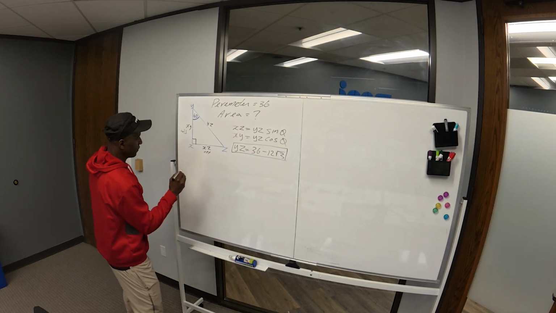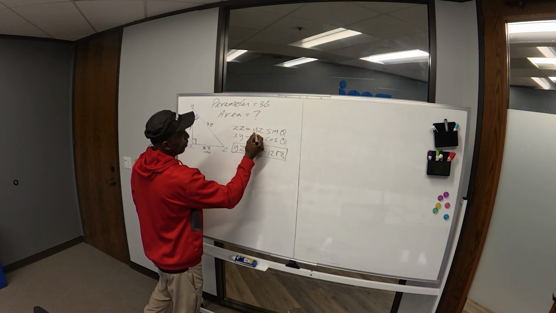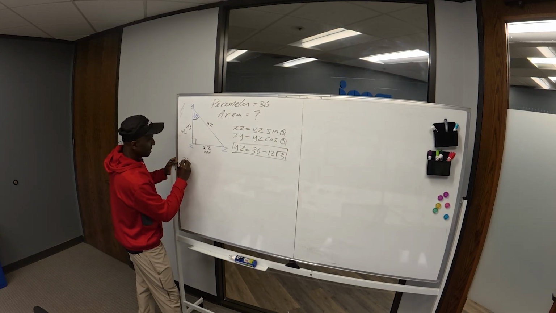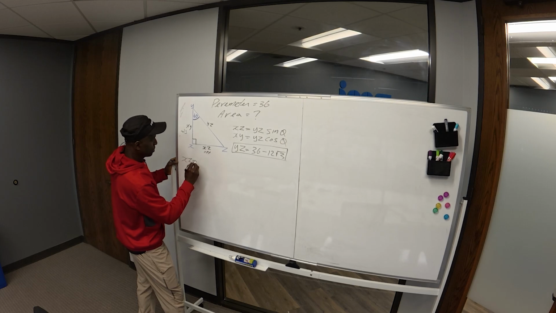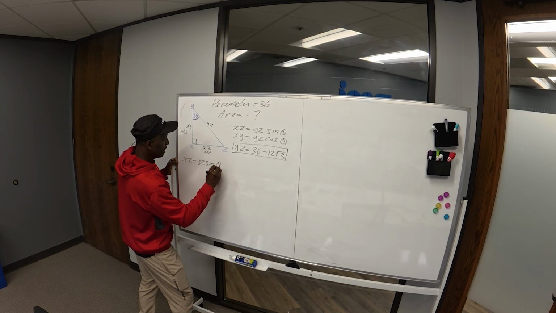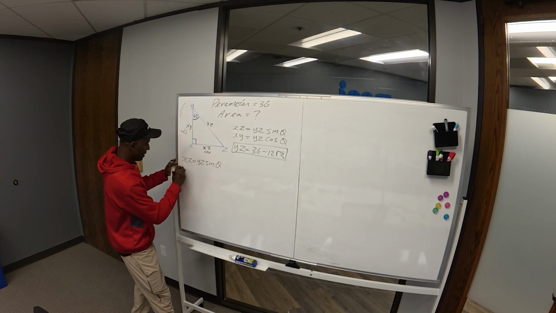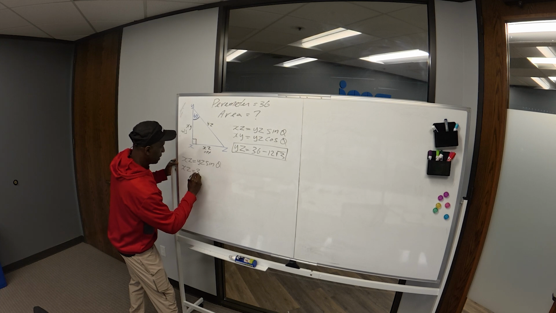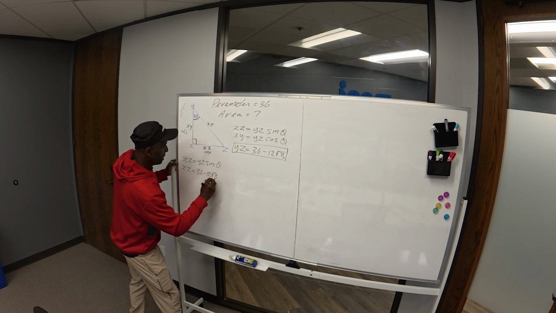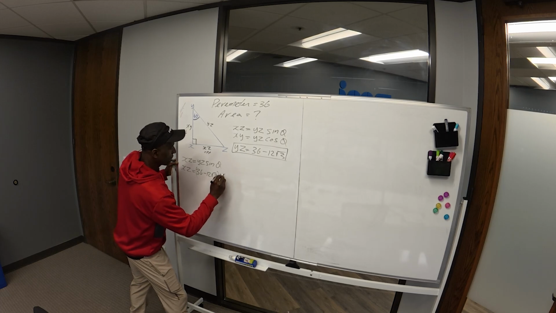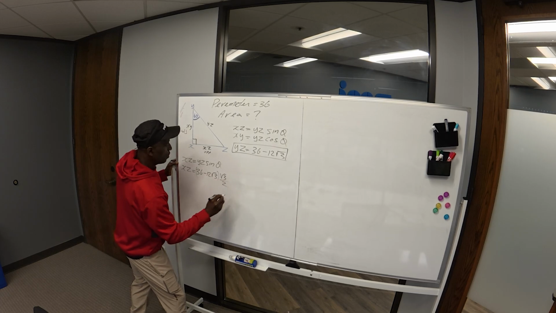So let's start with XZ is equal to YZ sine theta. Therefore, we have XZ is equal to 36 minus 12 square root of 3, all outside of square root of 3 over 2.